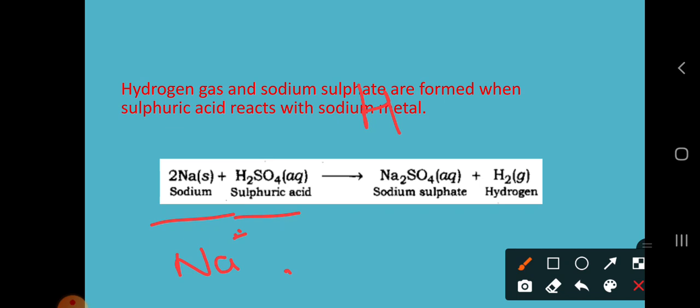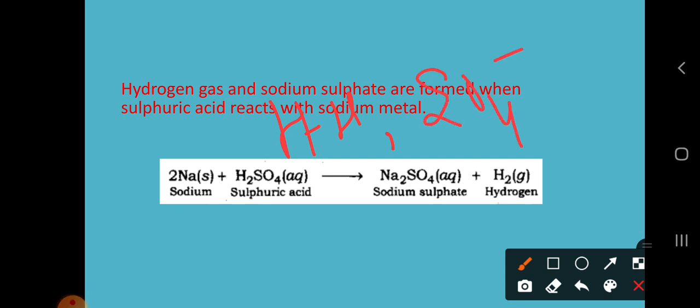It is going to dissociate here. How HCl was dissociated into H and Cl, in a similar way H2SO4 is going to be dissociated into H and SO4 minus.